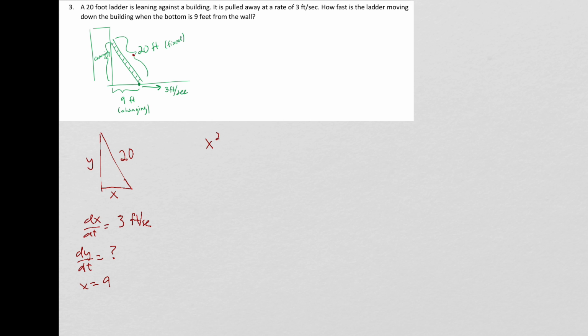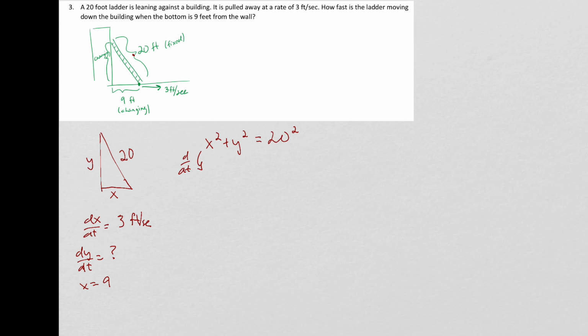So I'm going to go x squared plus y squared equals 20 squared. This is going to be 400? But I'm not really worried about it because I'm just going to d over dt both sides, just like we do with any related rates problem.